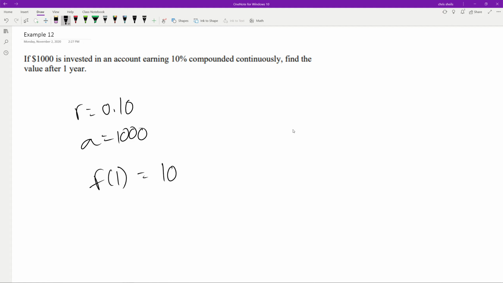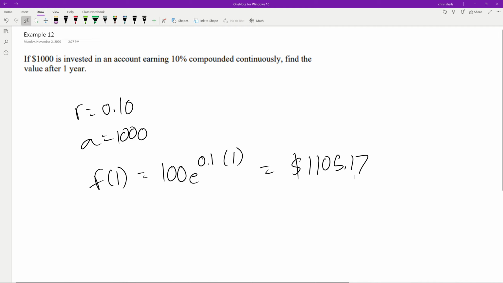This is 1,000 times e to the 0.1 times 1. And this is $1,105.17.